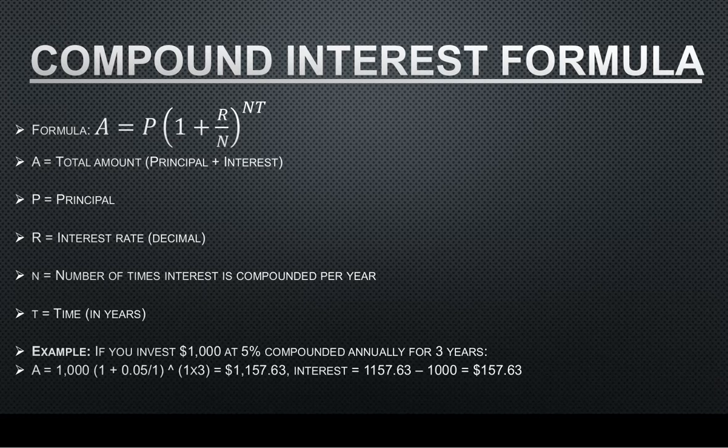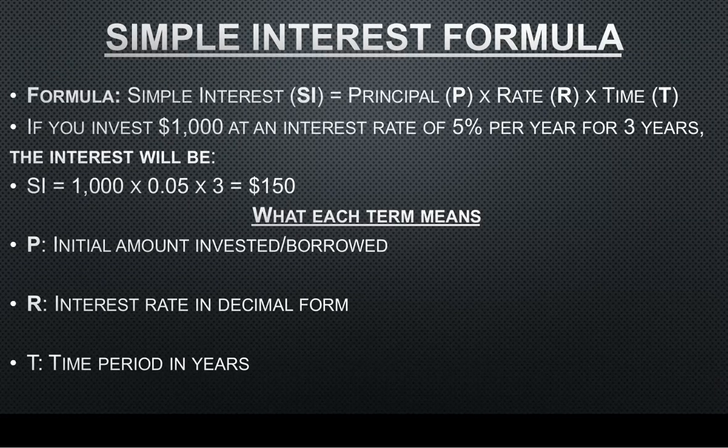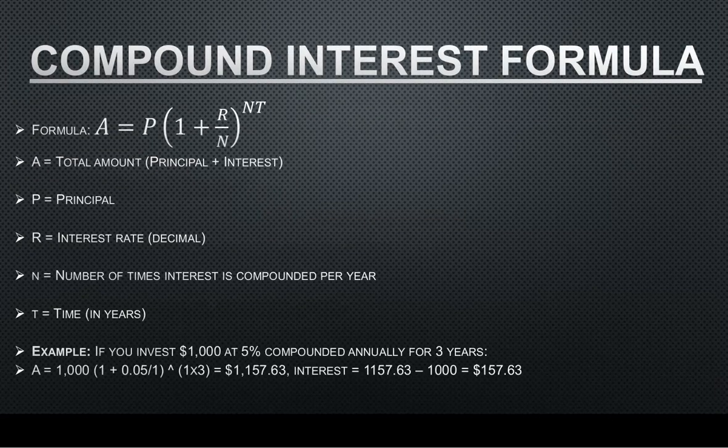Remember, to know the actual interest that you are paying, you subtract the principal from this amount, and that gives us $157.63. When we did the simple interest, with the same amount, the same period and the same rate, we had $150. So you will realize that the compound interest is a bit higher compared to the simple interest.